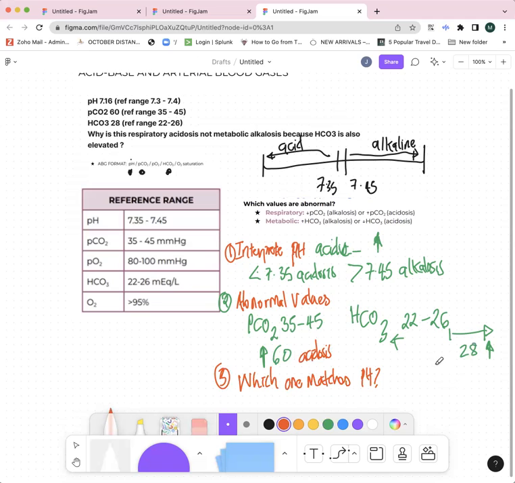When the HCO3 is increased, that is alkalosis. So this one here matches the pH, which is our value, meaning that in this case, it's a respiratory acidosis.